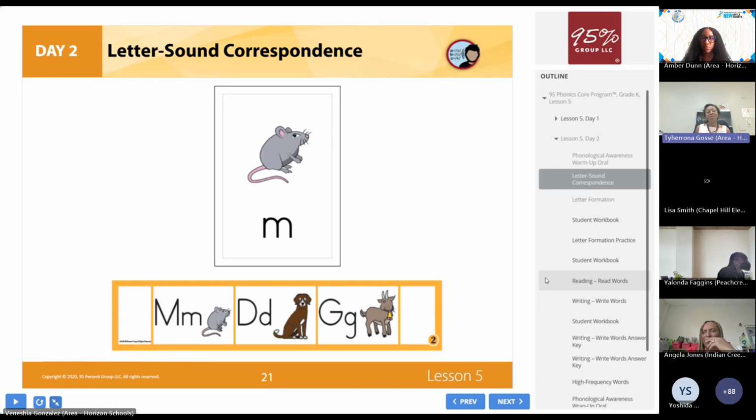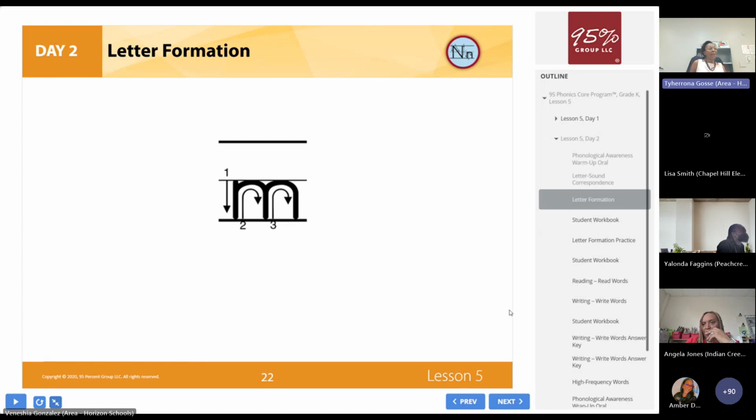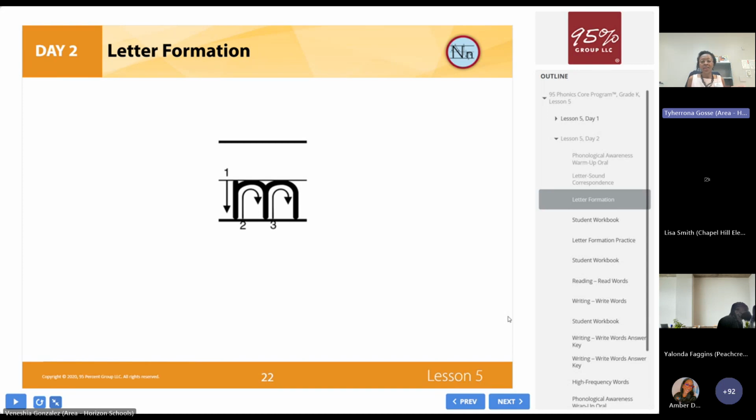We're going to review how to write the letter M, which we learned yesterday. Of course, yesterday was a holiday, so we learned this on Friday. Exactly. I want you to watch me when I do this. So watch me write the letter M. You are going to start at the midline, then pull down straight.